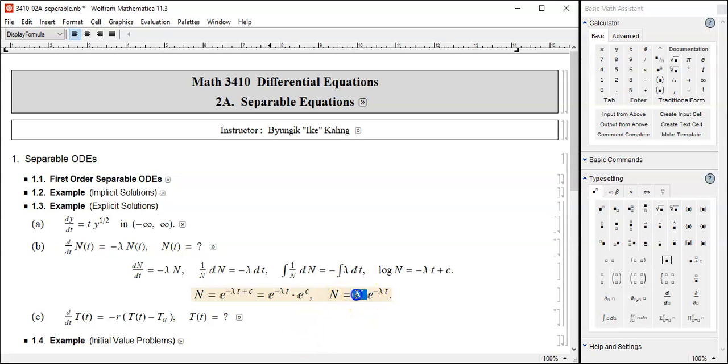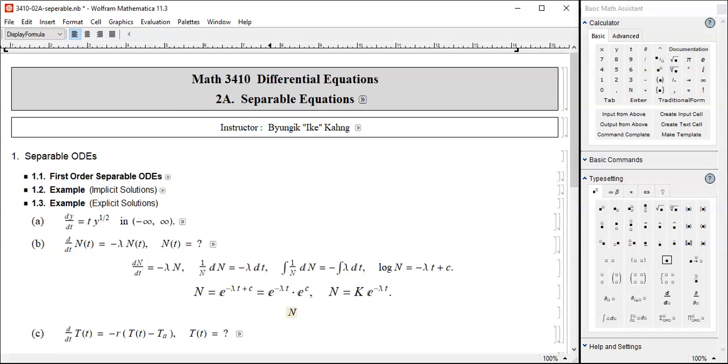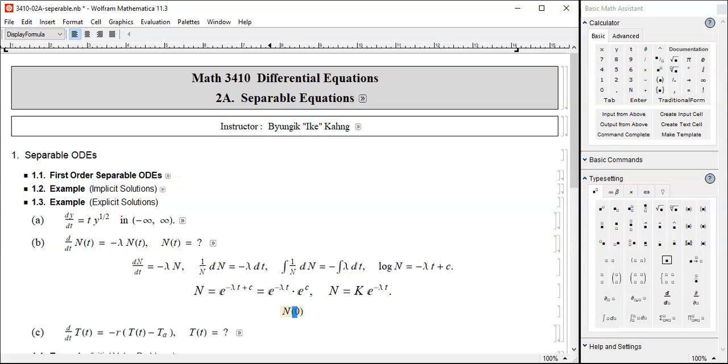What is this k? Let's consider the initial condition, even though this problem did not give you anything. When t equals 0, which means the moment we began to measure the radioactive decay, plug in 0, what do you get? What is e to the 0 power? e to the 0 power is 1. So this whole thing is k, which means this number k is the initial value.